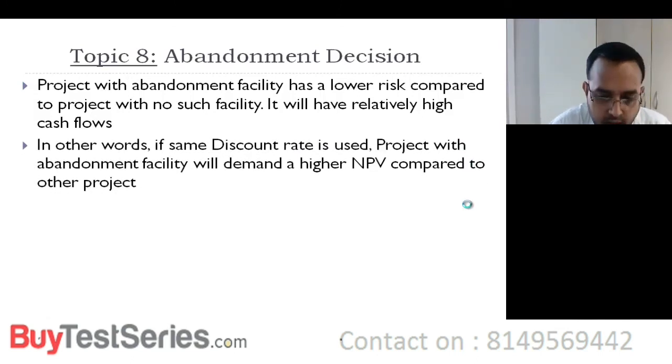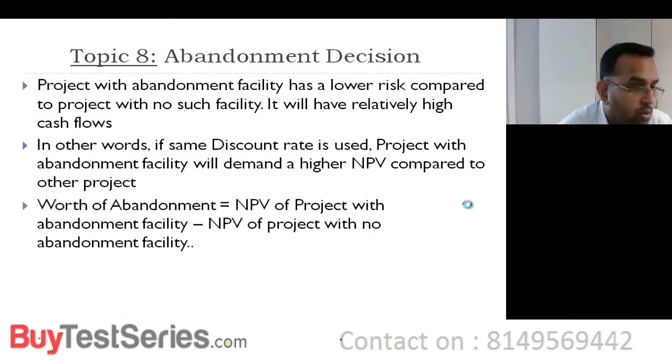In other words, if the same discount rate is used, the project with abandonment facility will demand a higher NPV compared to the other project. When you have abandonment, it is less risky, better cash flows, higher NPV.